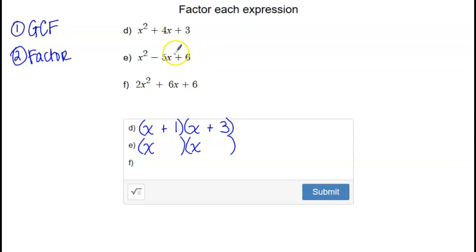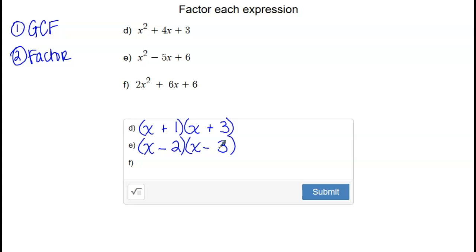If the last number is positive, we're either going to need 2 positives or 2 negatives. And I know that I'm going to need 2 negatives because the only way to get them to add to a negative is if they're both negatives. So factors of 6 that also add to negative 5. 6 and 1 would not work because negative 6 and negative 1 is negative 7, but 2 and 3 would work.